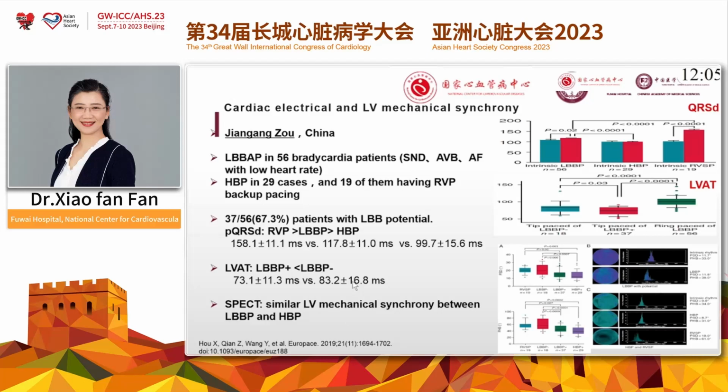At that time, some patients had the left bundle potential, and some patients had LBBP without the left bundle potential. They found that in patients with LBBP and left bundle potential, the LV synchrony was comparable between LBBP and HBP. I think this study is very important. They provide the evidence that LBBP maintains the LV synchrony like HBP.